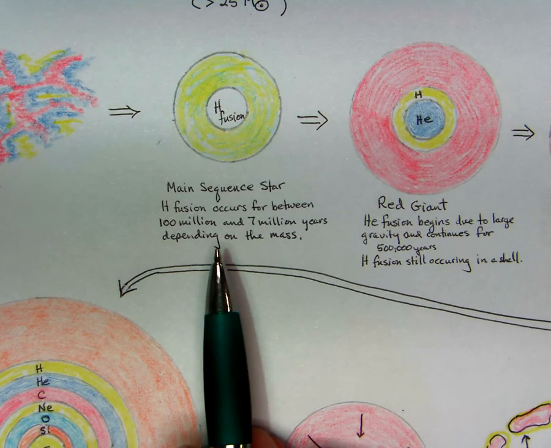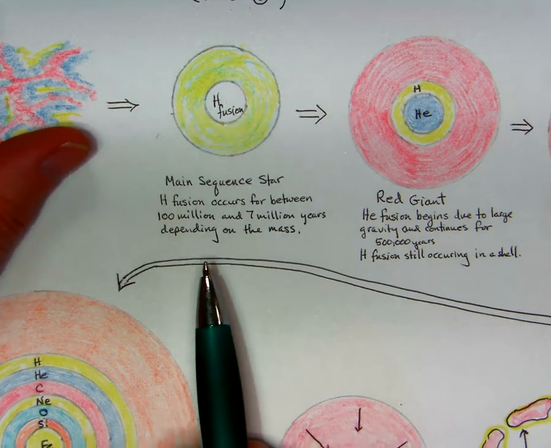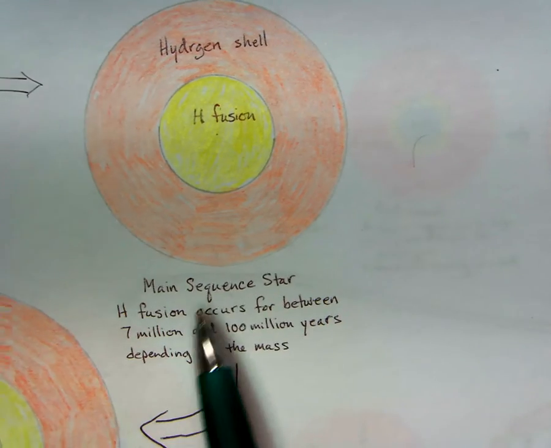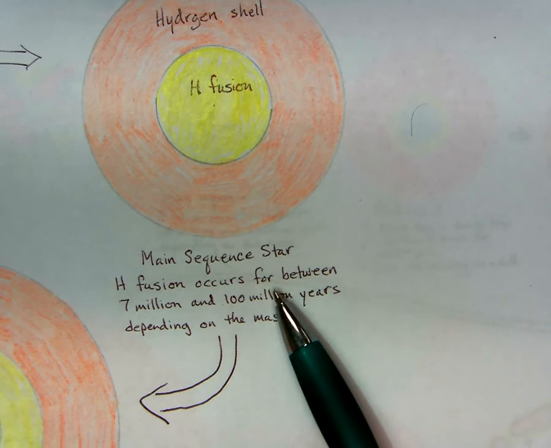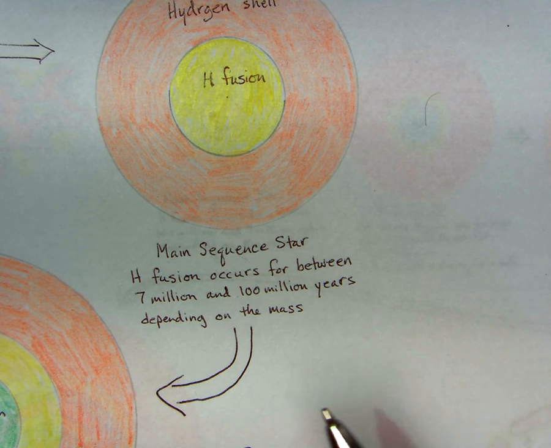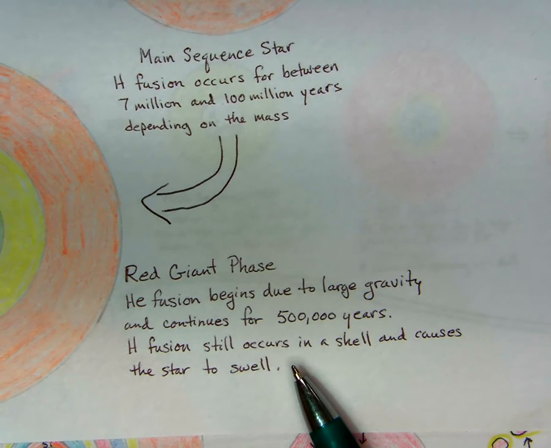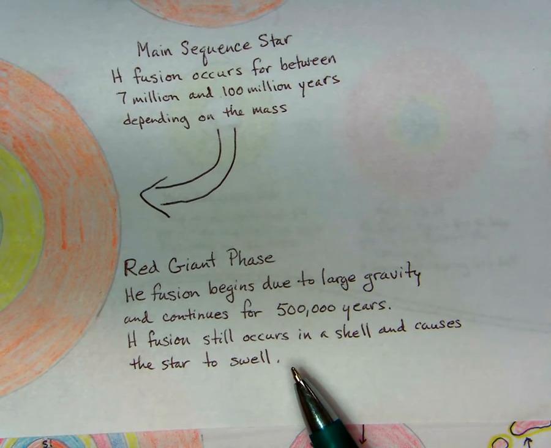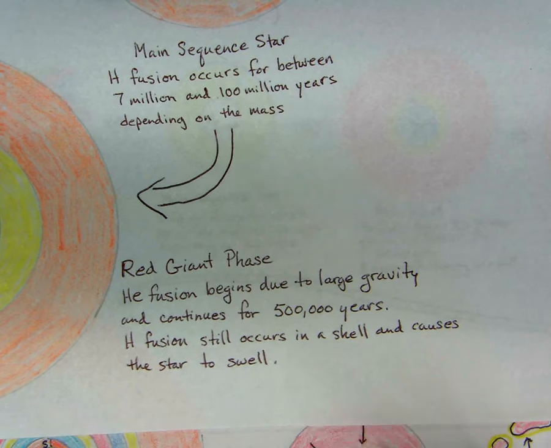So if you look at what we started with, we started with the main sequence star. It was there between 7 million and 100 million years. And then the red giant phase was 500,000 years.